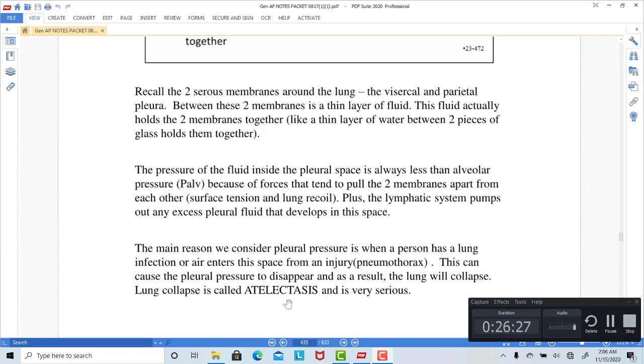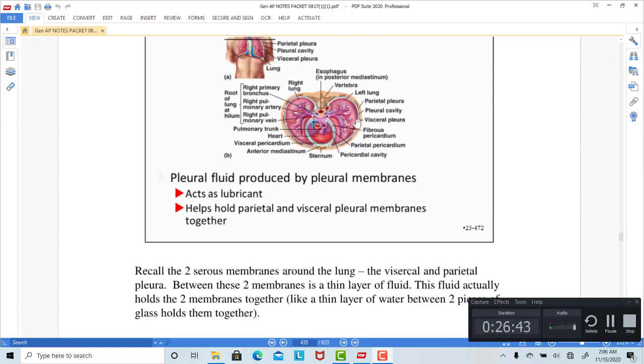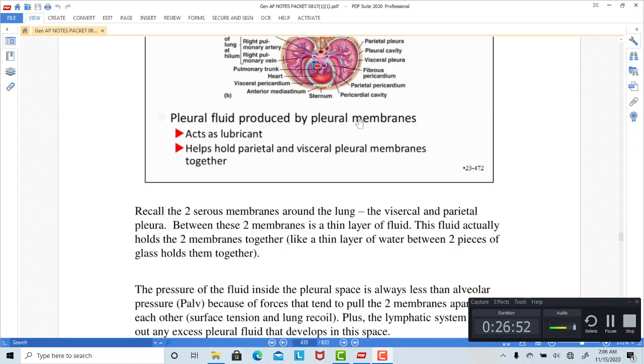A chest tube is when we put a plastic tube in between the ribs into that space, and we have negative pressure in a small plastic box connected to the tube outside the body. It sits on the floor next to the patient's bed, and that creates a negative pressure that helps to expand the parietal and visceral pleura, expand the lung, and keep those two membranes together with that negative pressure until they heal.